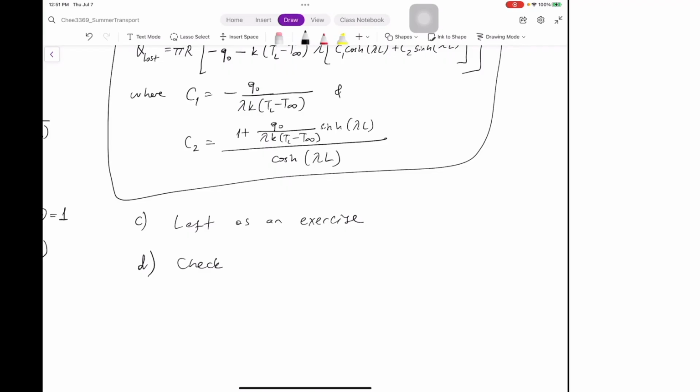We have done something similar in unsteady state heat transfer. We said there is a way to neglect the internal heat transfer resistances.